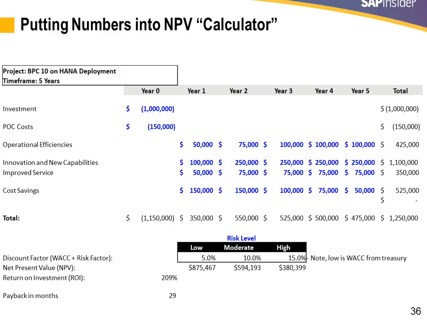And then at the bottom, we've got the different risk levels. So you can either apply a risk level across the board, or, as we showed earlier, you can apply one to each one of the value drivers individually. In this case we've got a low, moderate, and high risk. Assuming the proof of concept is successful, you probably go with the low risk. And based on each one of those, it shows you what your net present value would be for the project.